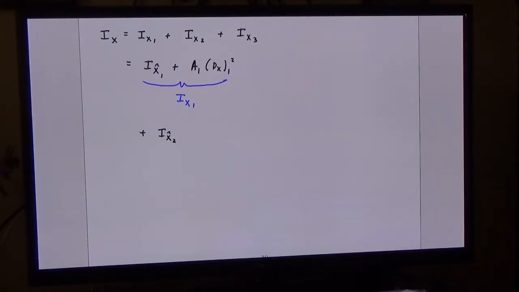I'll have I about x hat, and then from the parallel axis theorem I need to move it to the x-axis. So looking at this equation, I've already defined these three terms, I about the x hat axes for each of the parts. I've defined the areas for each of the parts. So the only thing left is to specify what are the values dx for each of the parts.